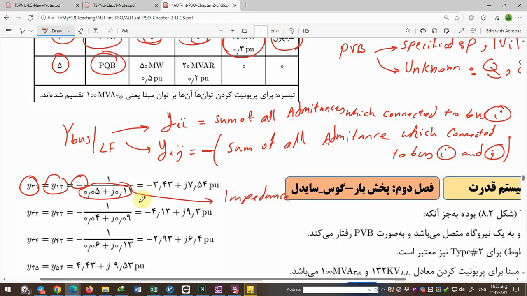The impedance between bus number 1 and number 3 is located between these two buses, 0.5 plus j0.11 per unit, and you have to invert this amount to find the admittance, with a minus.